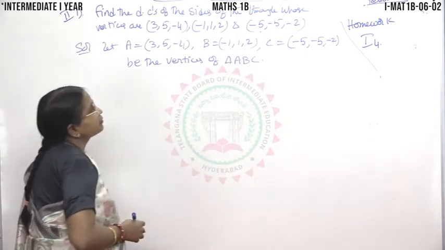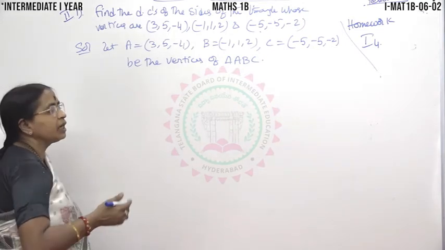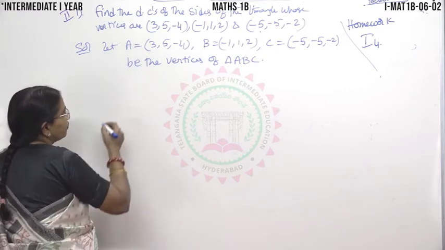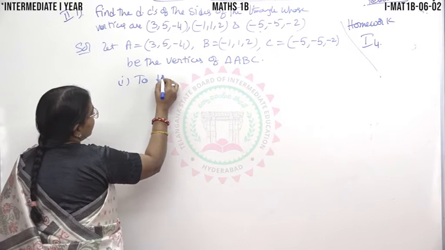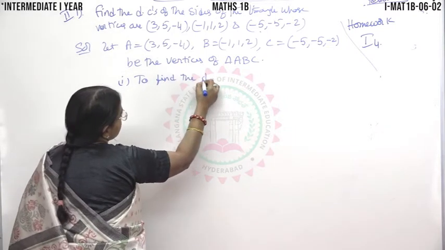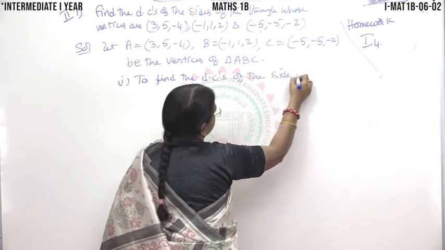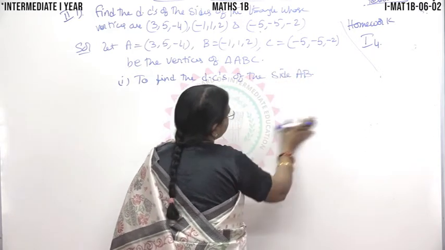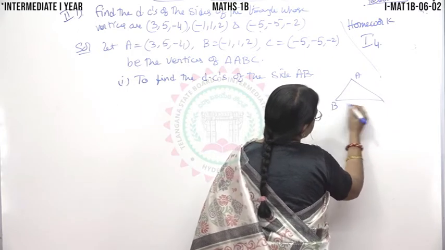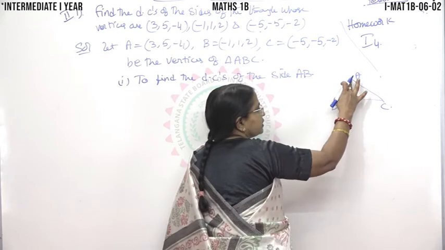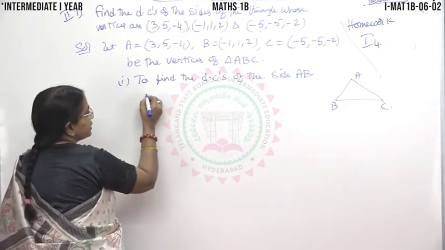Now you must find the direction cosines of the sides. One side I will find out, remaining sides you can try. So first, to find the DCs of the side AB. ABC is the triangle, and you are finding the direction cosines of this side. To find the DCs of that side, you must find the distance AB.